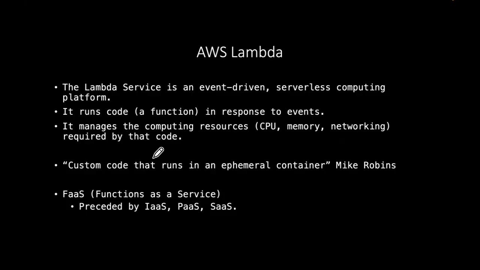What happens behind the scenes is that the Lambda service creates a container. I think in the language of Lambda, it refers to it as a micro VM. Okay, micro VM, container, they're kind of the same thing, really, in general terms.